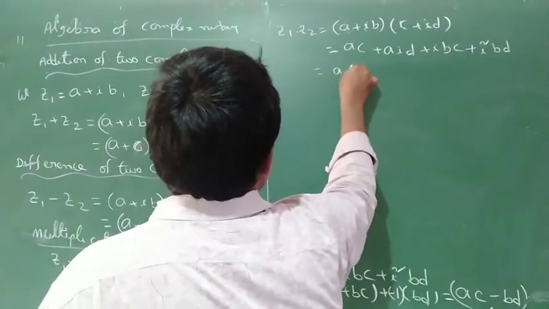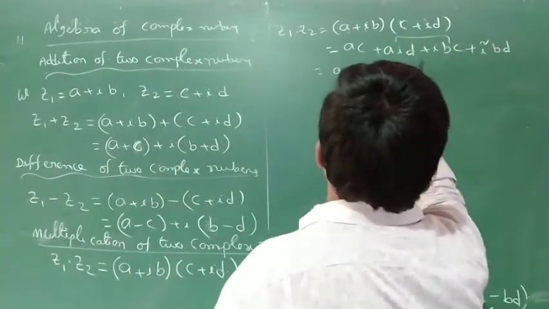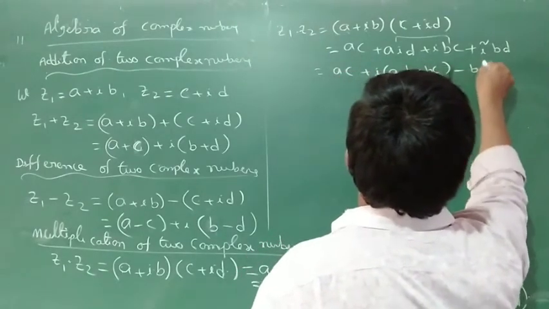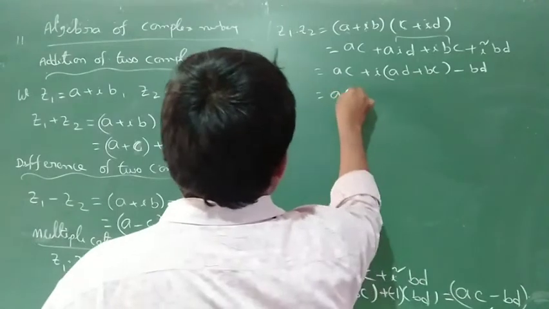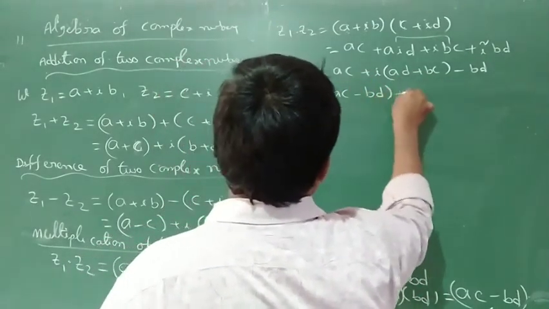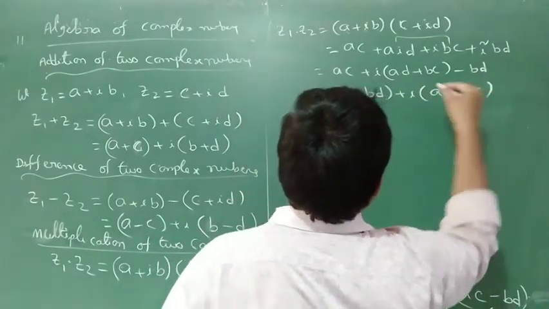So that is equal to AC plus, here i common in two terms, AD plus BC, minus BD. So what are the real terms? AC minus BD is the real term, plus i into AD plus BC, imaginary.